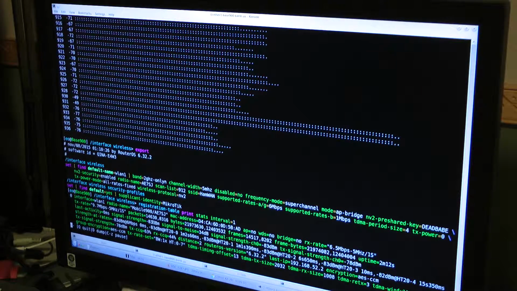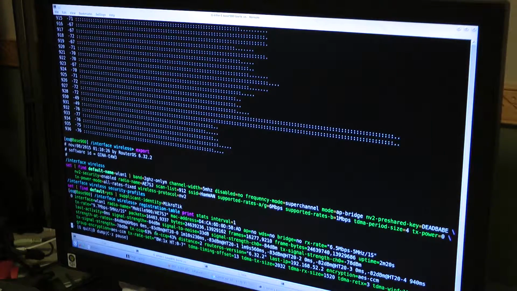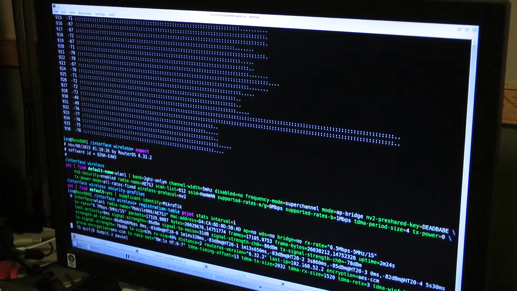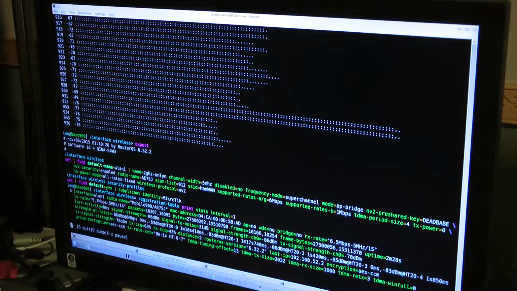All right, so I expect if I turn on the interference source, we're actually going to lose connectivity. So let's see what happens. What's the RX CCQ now? 42, 43% RX rate, holding steady. Wow.